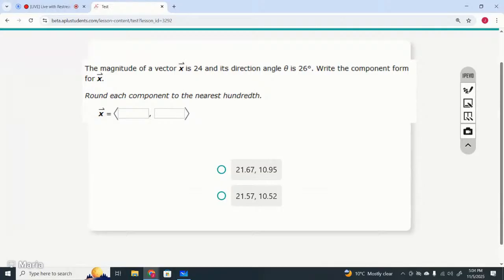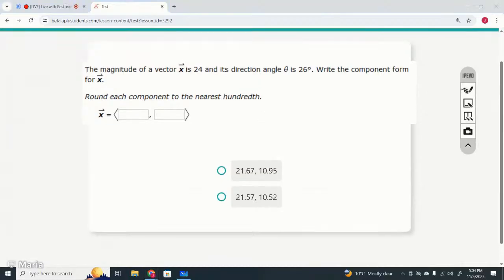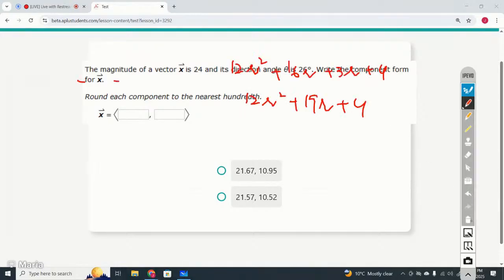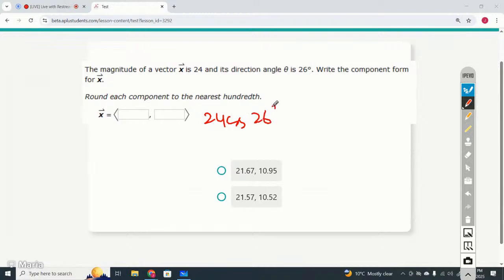Write the component form of x. So 24 cos 26 degrees and 24 sin 26 degrees.